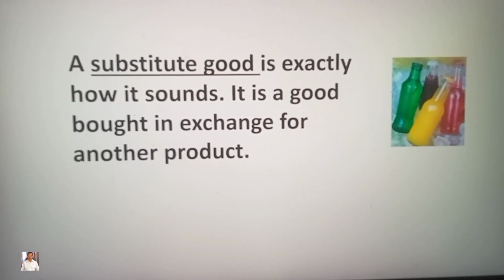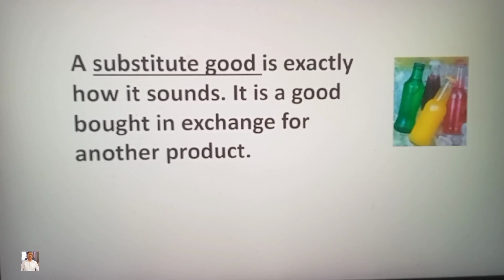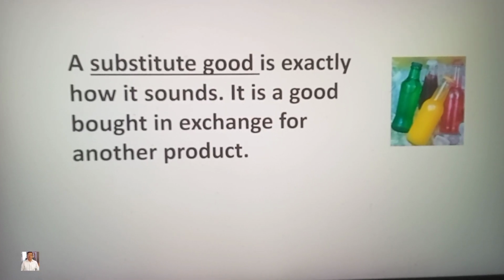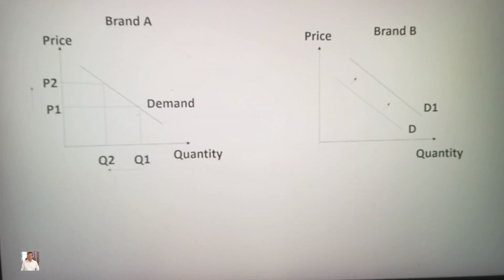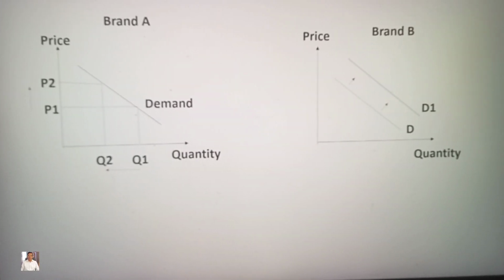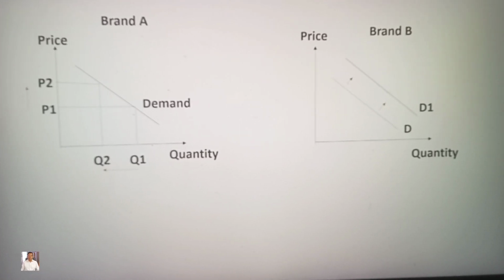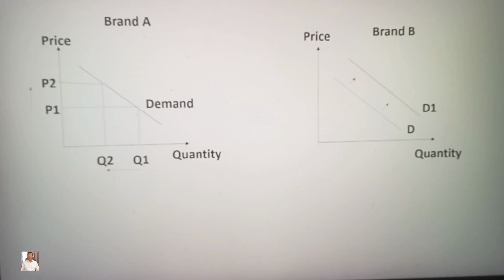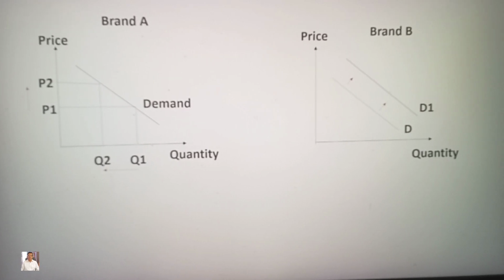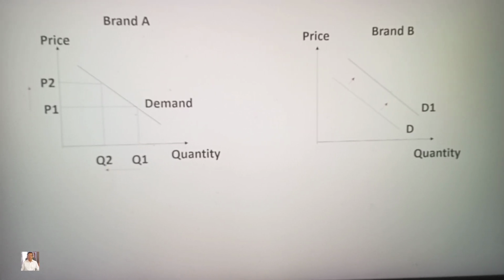If the price of one thing goes up, they will find something more affordable to substitute it. If cold drinks brand A rises in price, people will switch to similar cold drinks brand B. When prices of brand A increases from P1 to P2, quantity of demand decreases from Q1 to Q2.